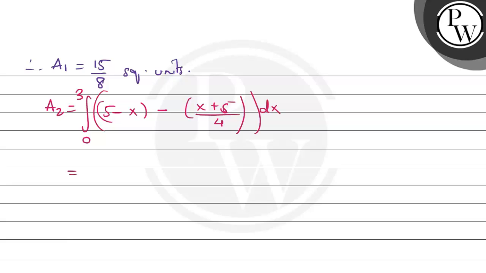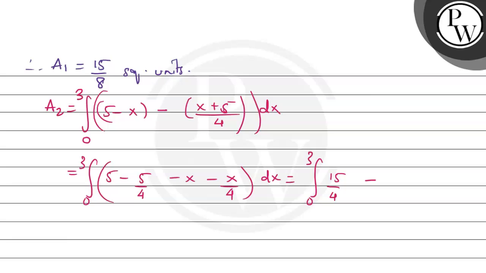Now let's simplify. This is the integral from 0 to 3 of 5 minus 5 by 4 minus x by 4, dx, which is 15 by 4 minus 5 by 4 times x, dx.